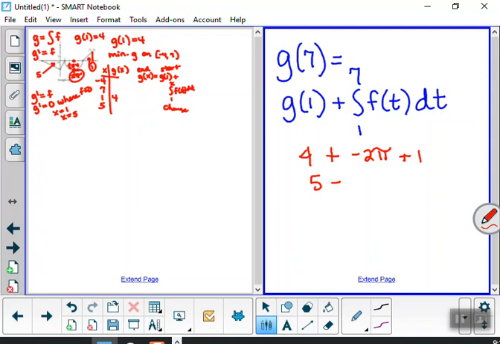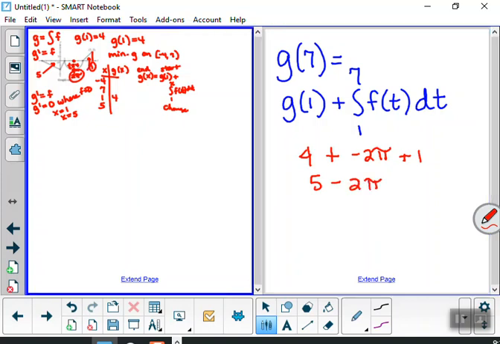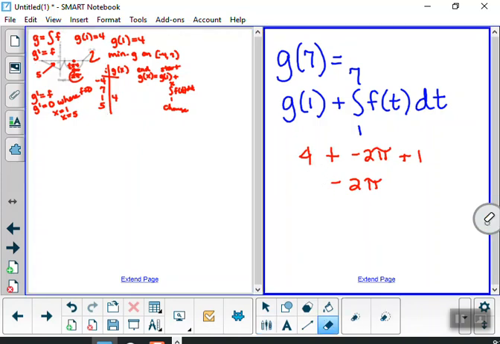So 5 minus 2 pi. Did I do that wrong? Yes, that's not 1. 2 times 2 is 4, and half of that is 2. This triangle is 2. I apologize. I knew when I wrote that answer, that's not the answer. It was a 6. So that's a 2.